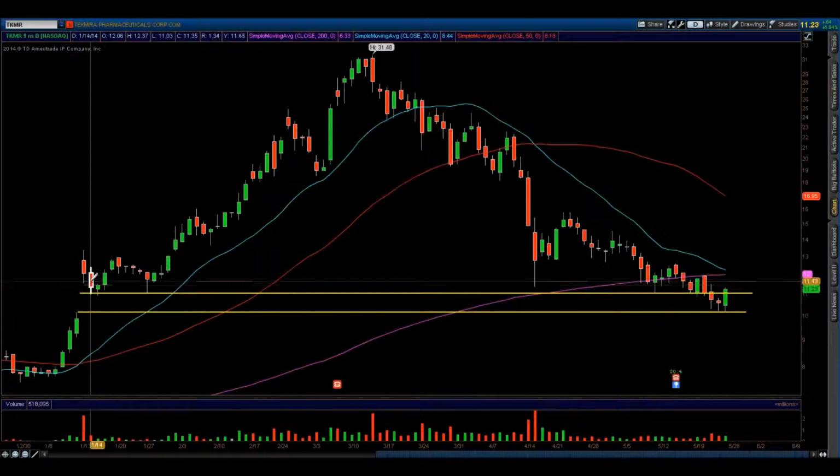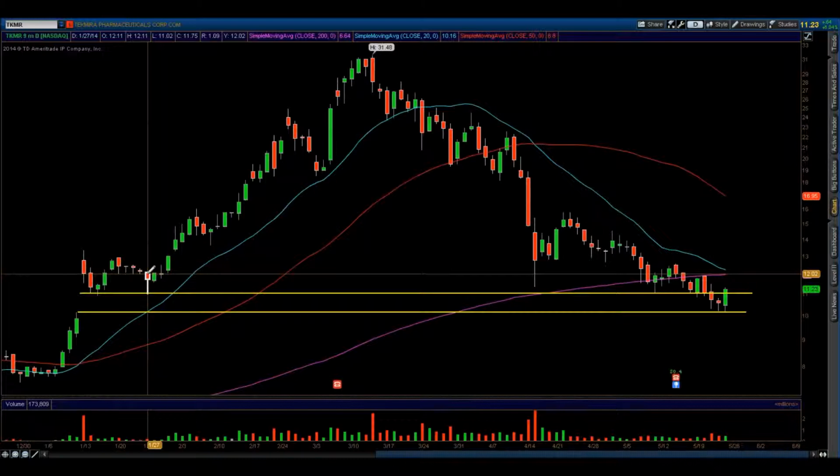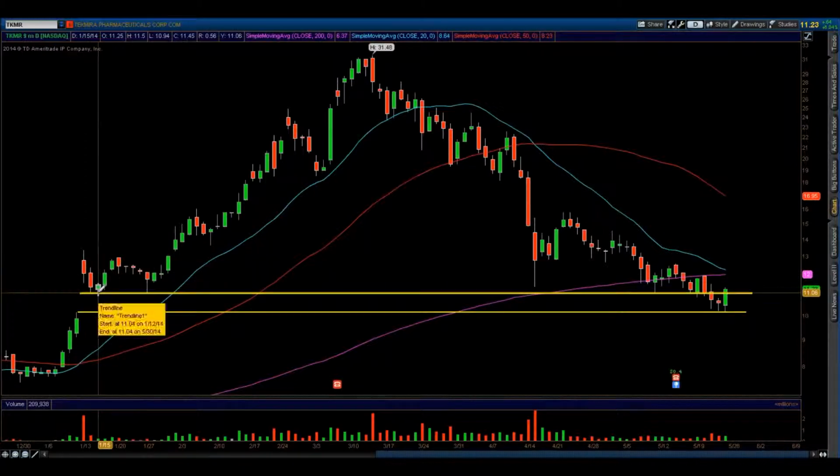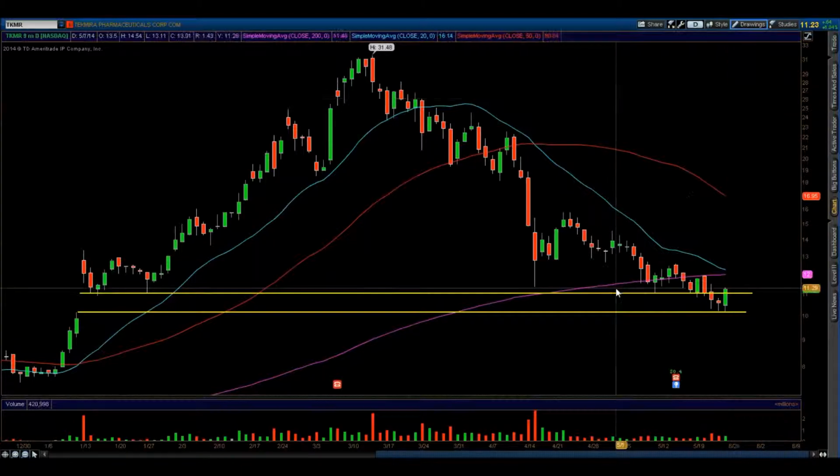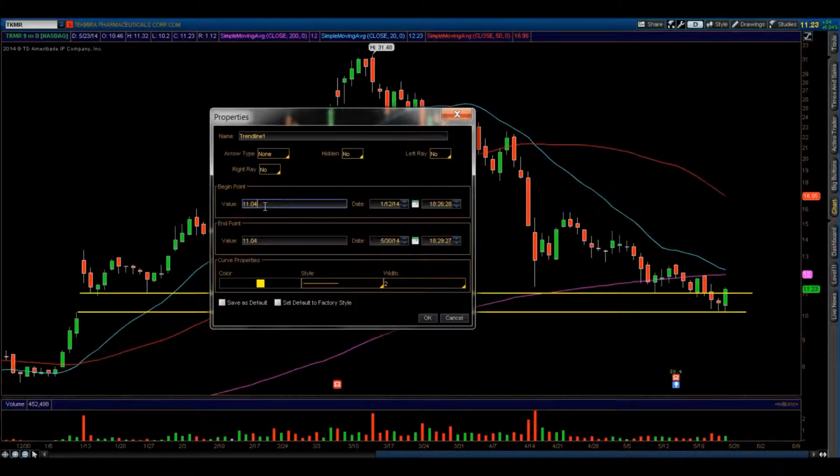gap is at. Low here, 1103, the low here, 1102, low here, 1094, and I've got that at 1104, so I should change that to 1094. I apologize for that.